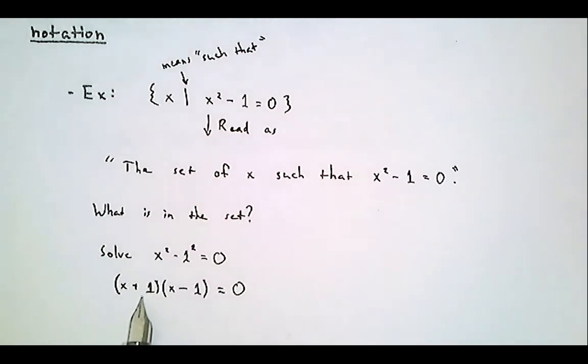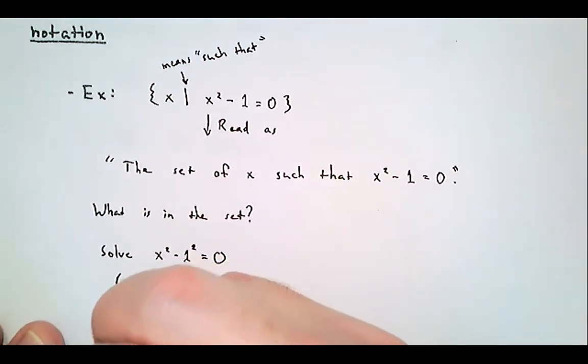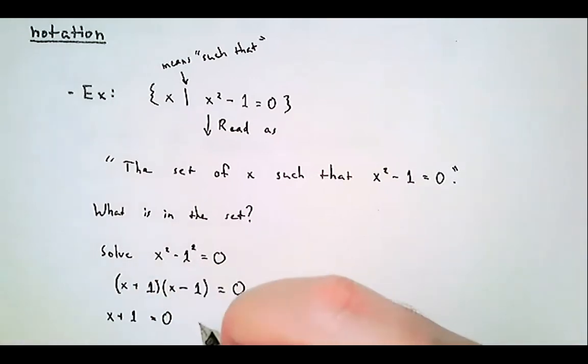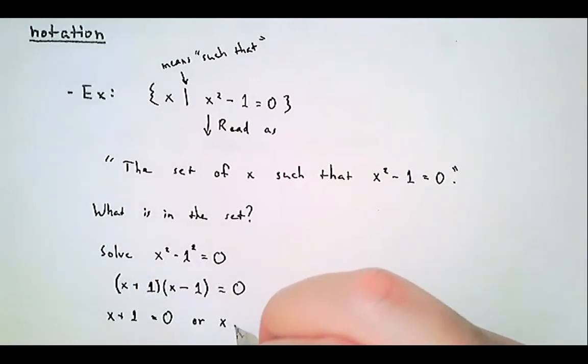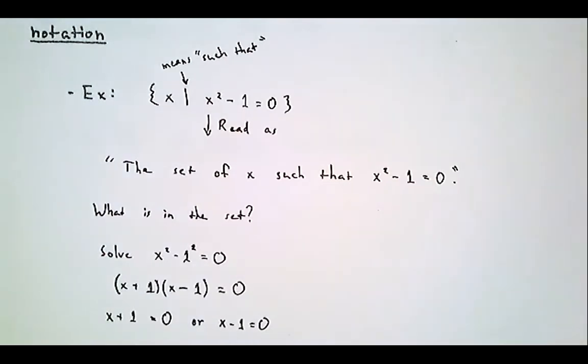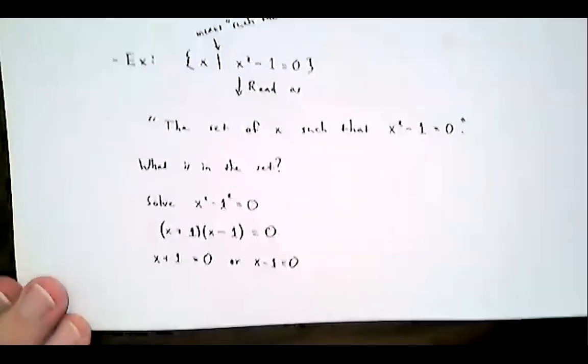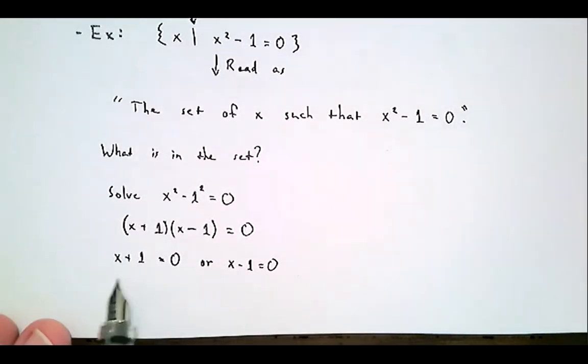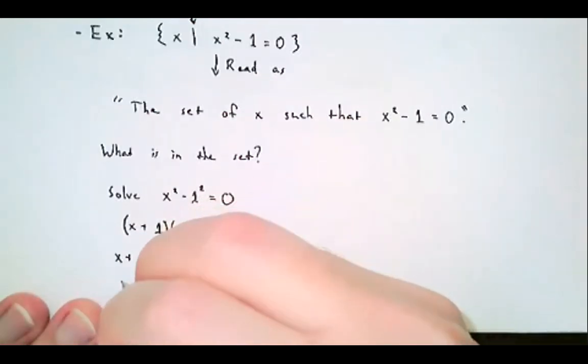And then now that it's factored, we know that one of these two has to be equal to 0. So x plus 1 equals 0, or x minus 1 equals 0. From this first equation, we can tell that x must be equal to minus 1.